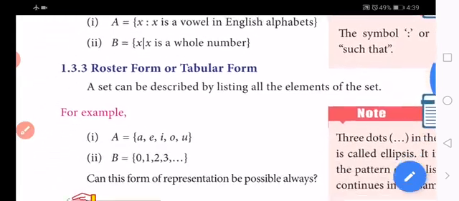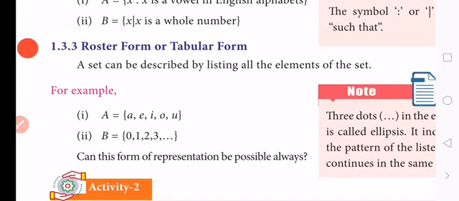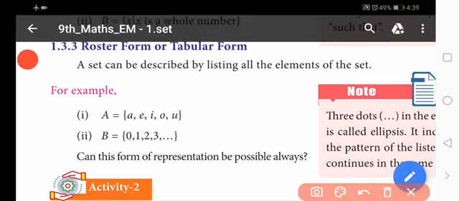Now we are going to the third way of representing a set. This is a very important method, because in our next class, next standard, we use this method.